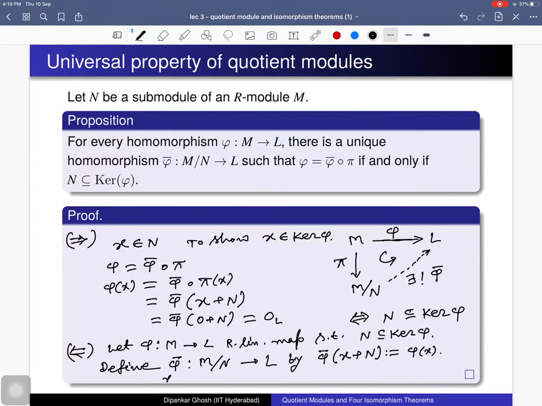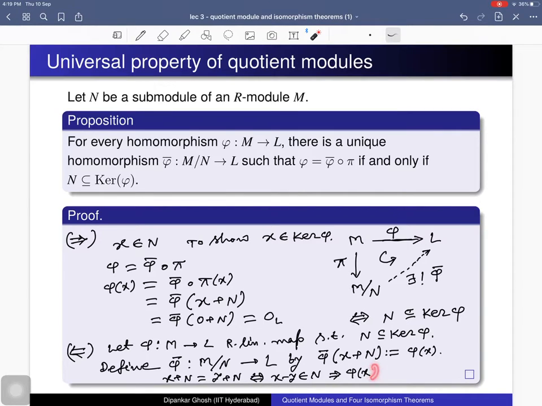For example, if x plus n is the same as y plus n, then that is if and only if x minus y belongs to n, and if you apply phi on that, then phi of x minus y is 0, because n is contained in kernel phi and x minus y is there, so x minus y is there in kernel phi.